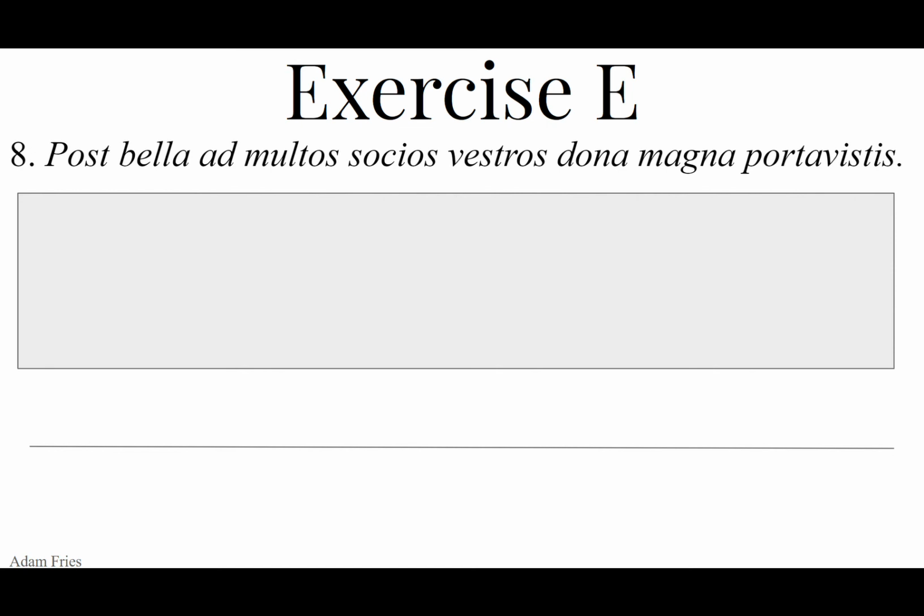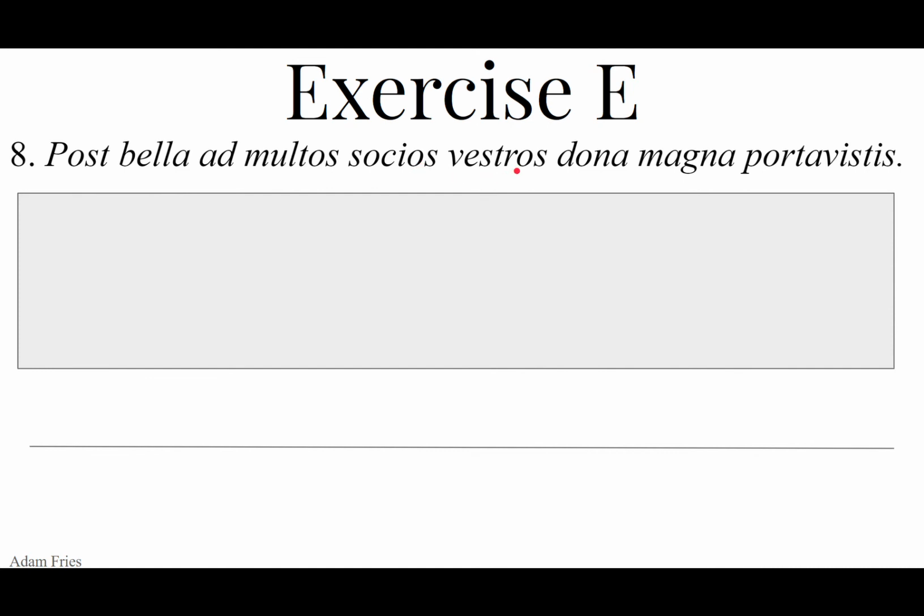After the wars. Ad, preposition plus the accusative showing motion towards. Ad multos socios, moving towards many socios. Multus, a, um, adjective, modifying socios, masculine, ally, comrade. After the wars, to or towards many comrades, many allies.